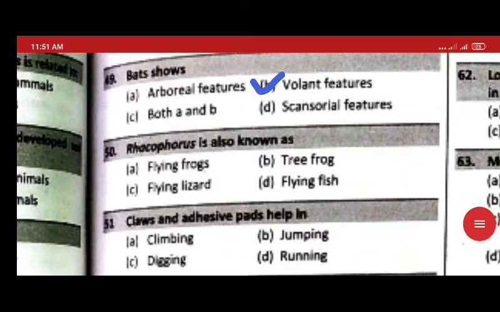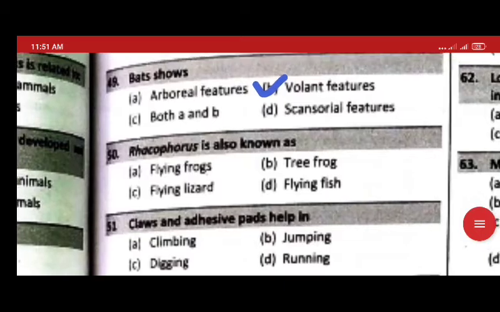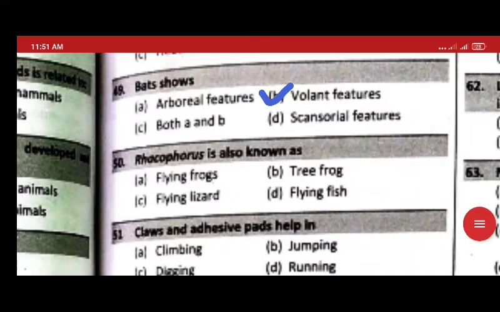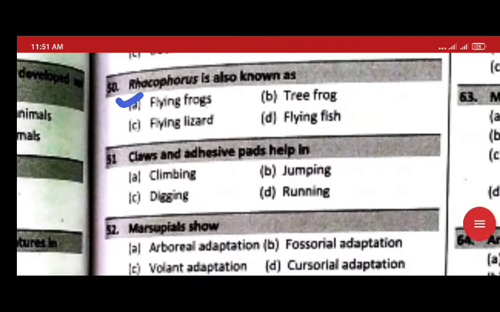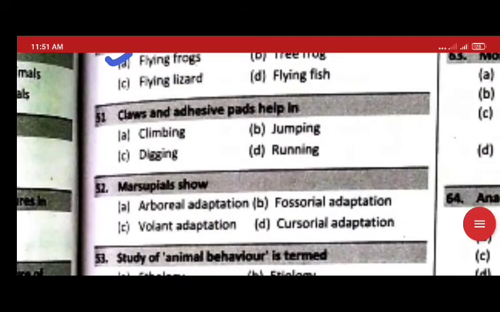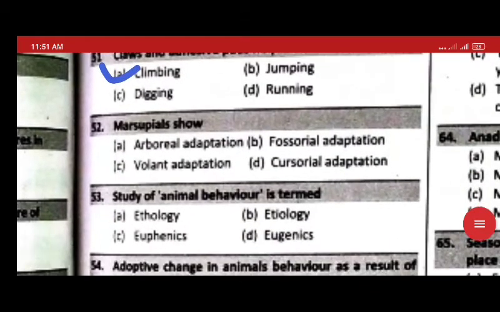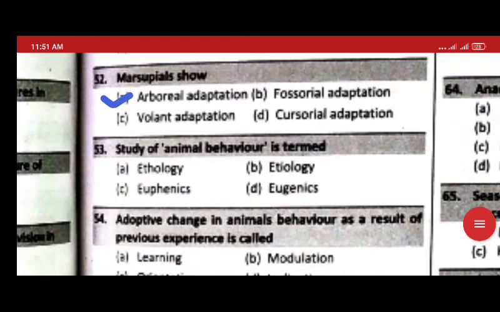Now Rhacophorus is called flying frog, where given A. Now claws and adhesive pad help in climbing. Now marsupial means jumping type of adaptation. Jumping is arboreal.